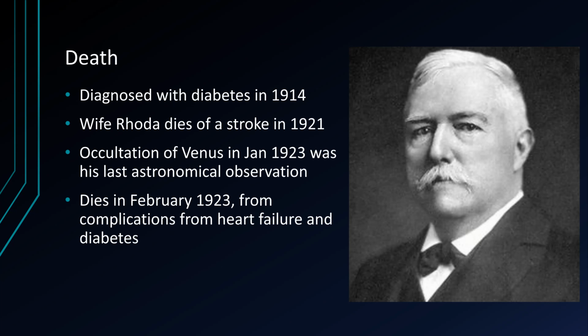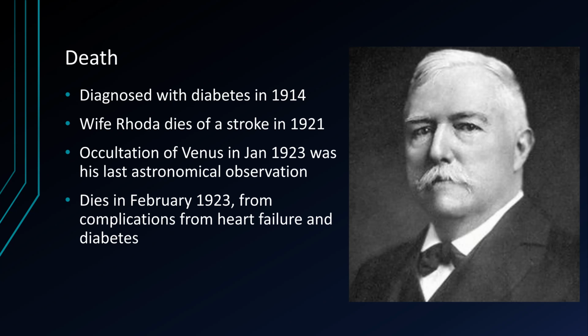And by some accounts, the loss of his wife devastated him. He kind of changed a lot after this, even though he wouldn't live very long. He became very internal. But undeterred by his wife's death, he would go on to do a couple more key observations.